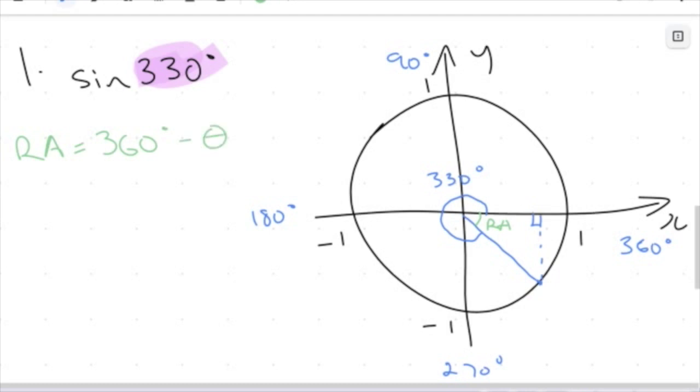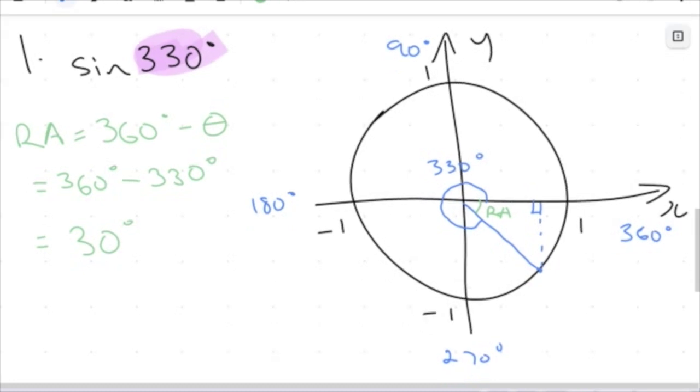Now here my angle is 330 degrees, so I'm going to do 360 degrees minus 330 degrees, and my reference angle is going to be 30 degrees. So once again, we are relating my big angle, 330 degrees, to some angle between 0 and 90 degrees. Because remember, we're always trying to relate this back to the first quadrant.